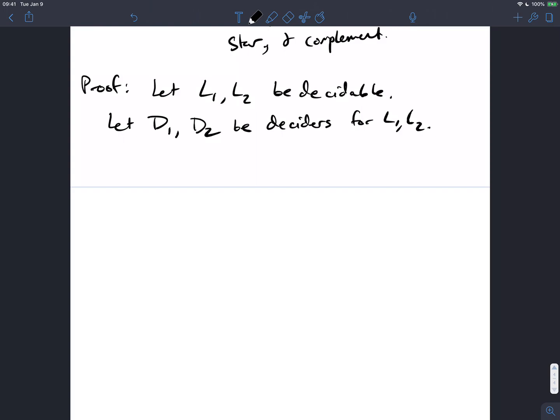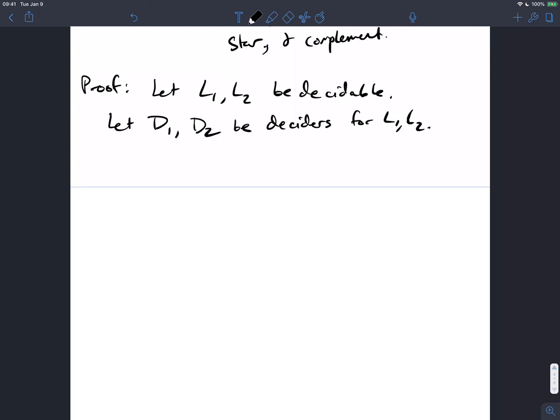Should we say reject? No, what should we do? Yeah, check it under D2. If it says yes, what do we do? Accept. It's in the union. If it says reject now, both of them said no. So could it be in the union? No.